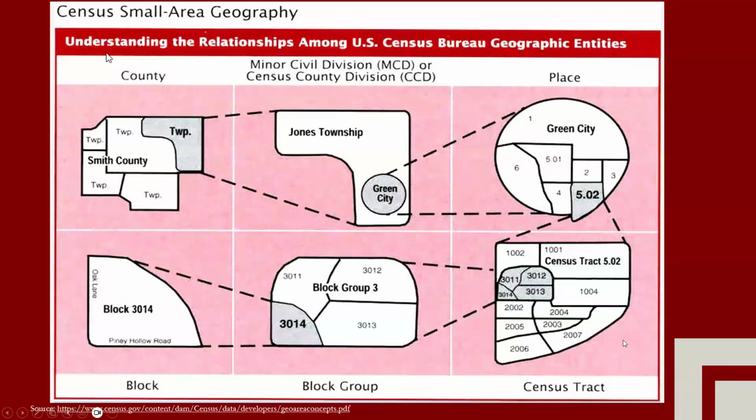What we're going to focus on today is the census tract. The census tract is more like a neighborhood. And the census data actually has the ability to go even smaller than the census tract, down to block group or even block level.